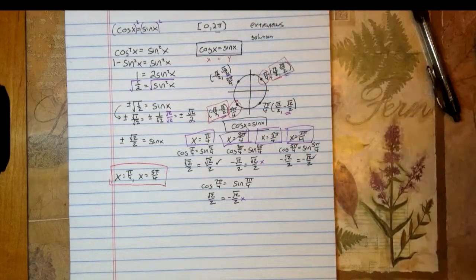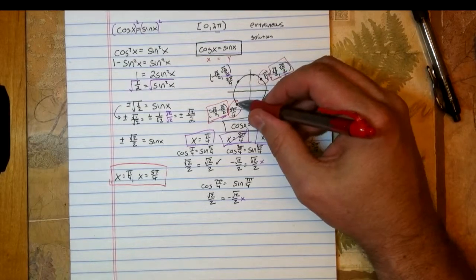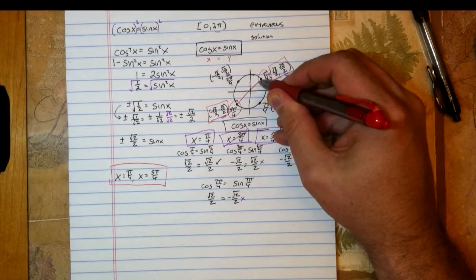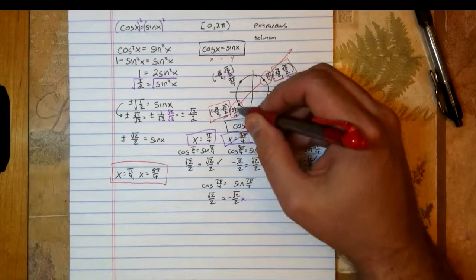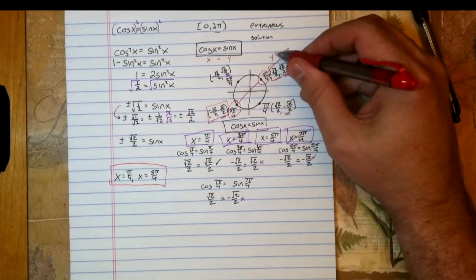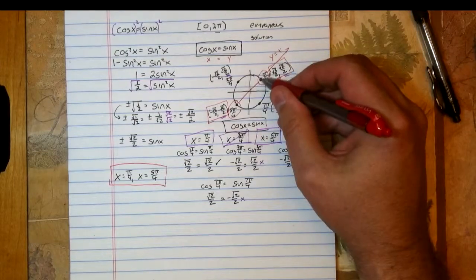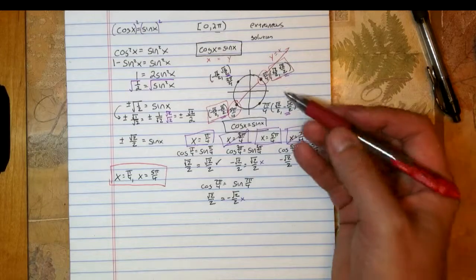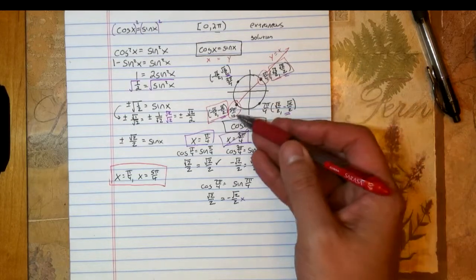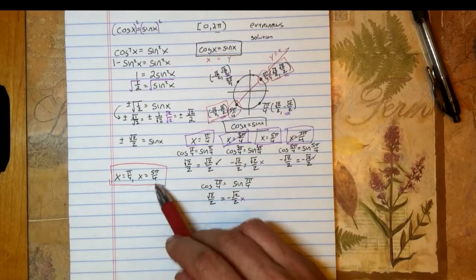Well, what does the line y equals x look like? It's a diagonal line with slope 1 and y-intercept 0. So there's the line y equals x. And if I just look at the 2 points where the line y equals x intersects the unit circle, those 2 points are pi over 4 and 5 pi over 4, again the solution to this equation.